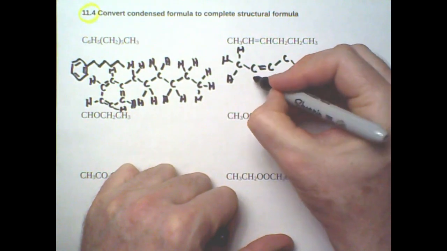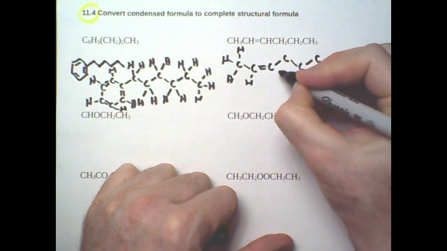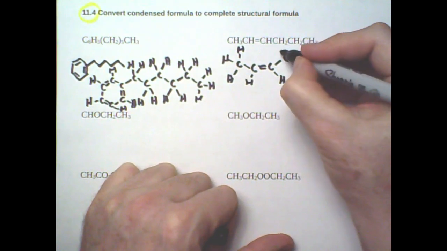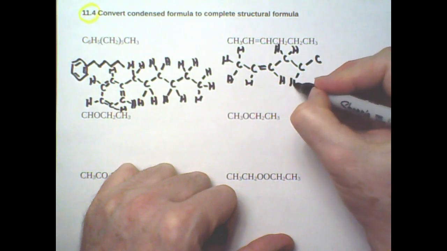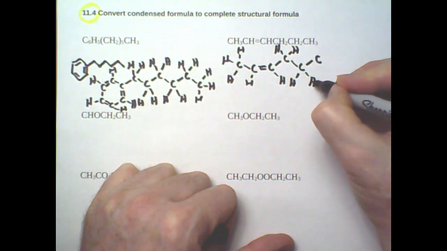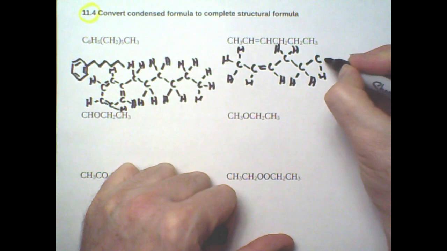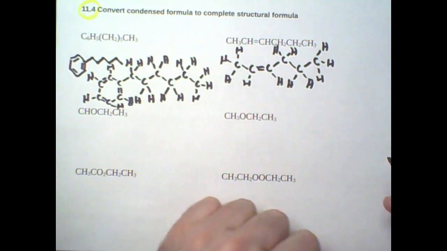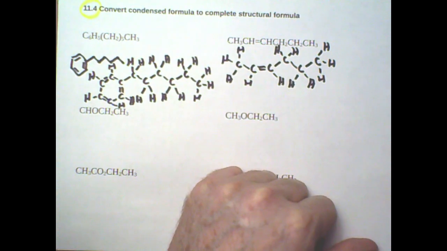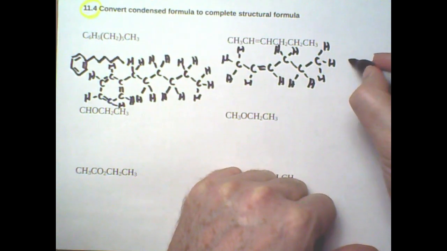This has 1, 2, 3 bonds, and it needs an H. This is just one isomer that I might have drawn like this.